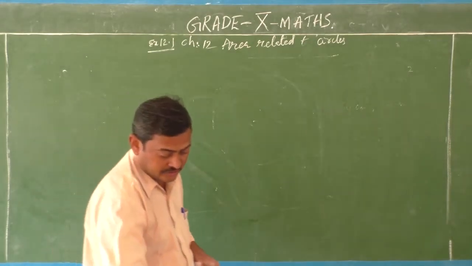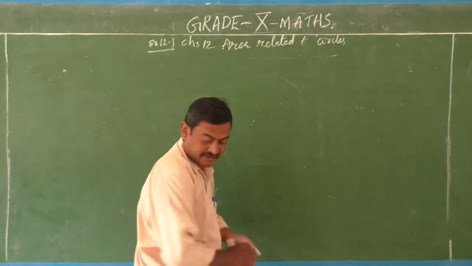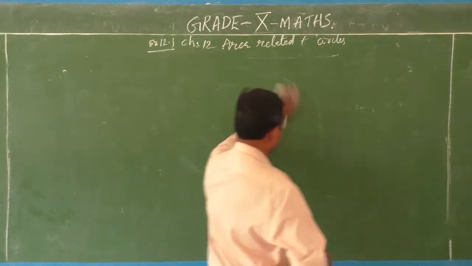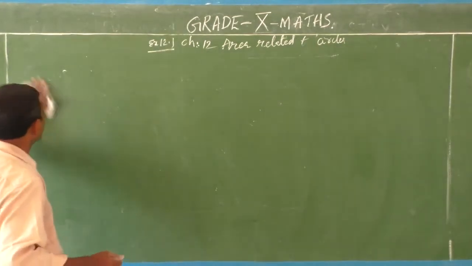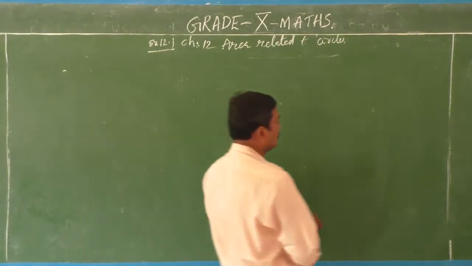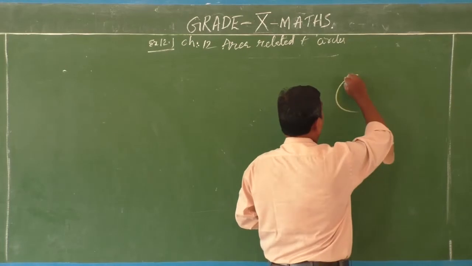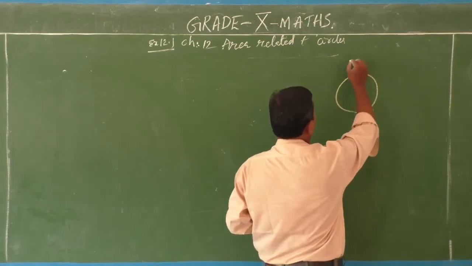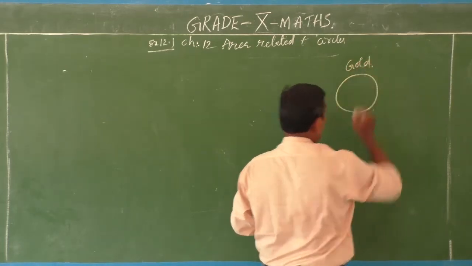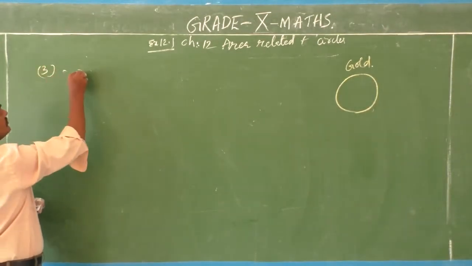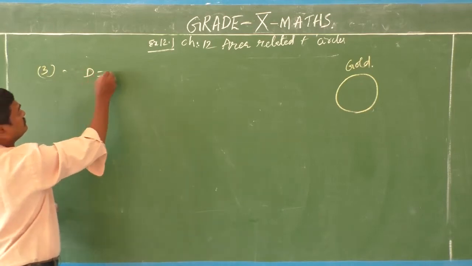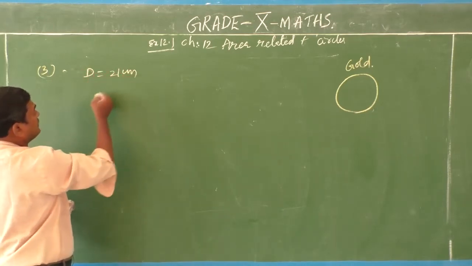So first we need to find the golden region. For gold, diameter equals 21 centimeter.